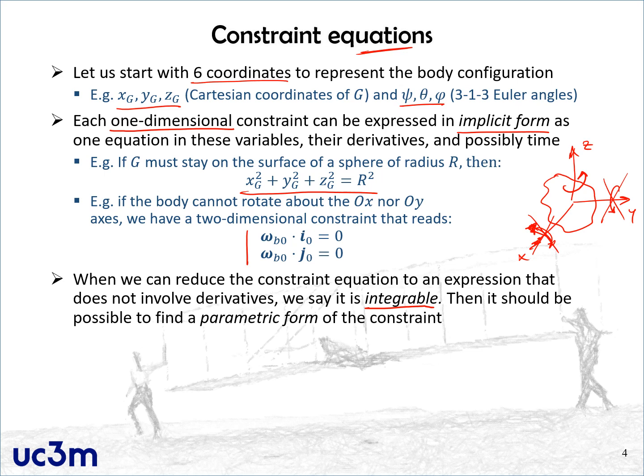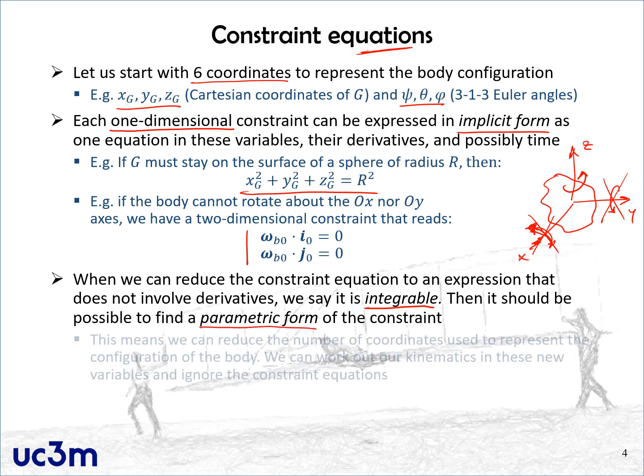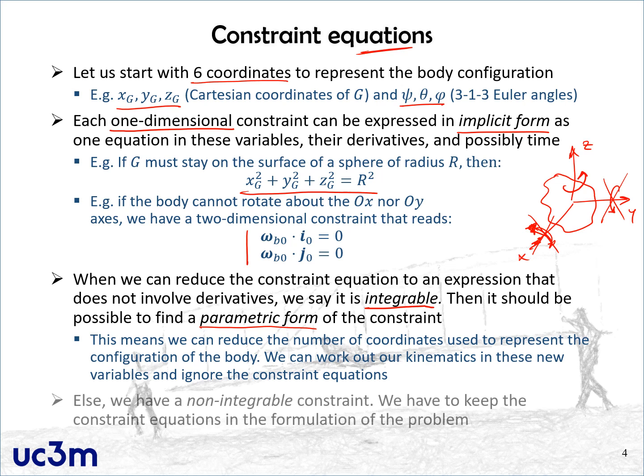This is where you can work with the constraint to reduce the number of coordinates that you have to express the configuration of your body, and then you can simplify your problem and ignore the equation. When this happens, it is possible to find a parametric form of the constraint, and as I was saying, this allows you to reduce the number of coordinates accordingly.